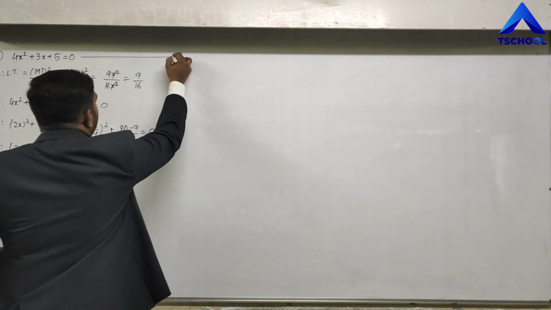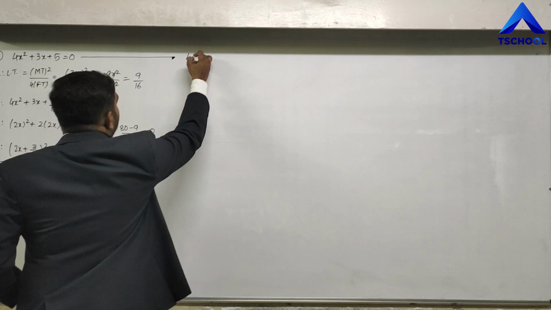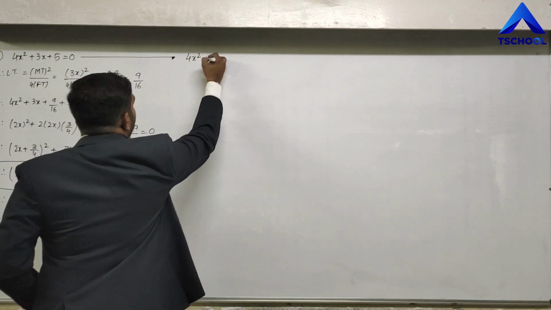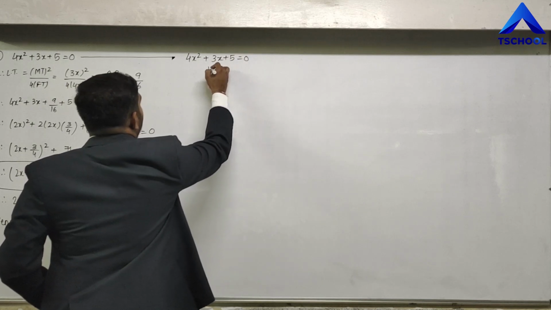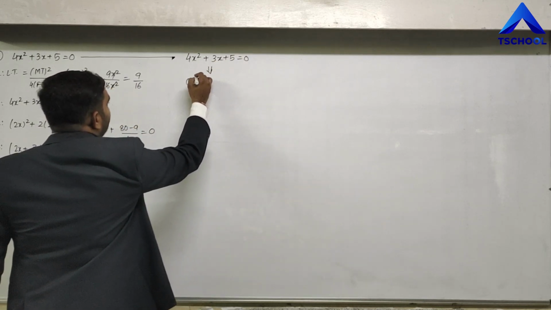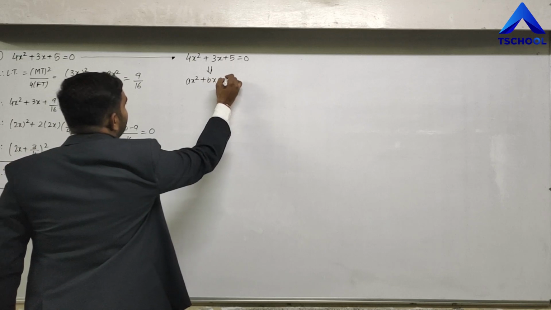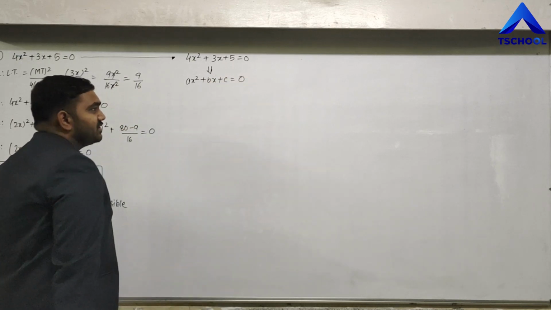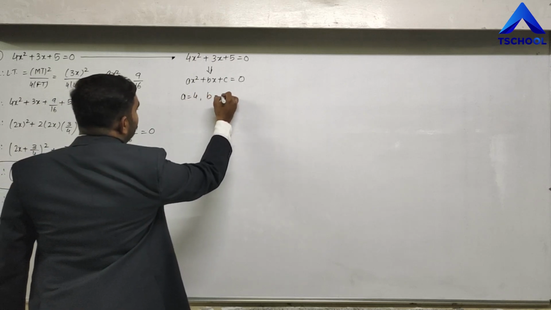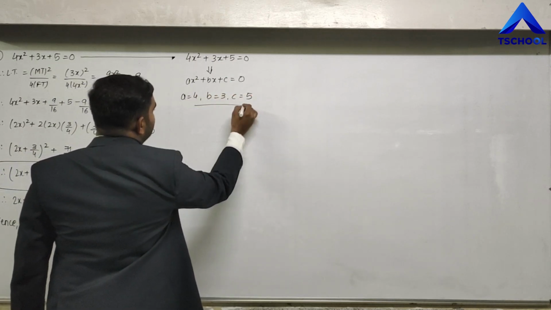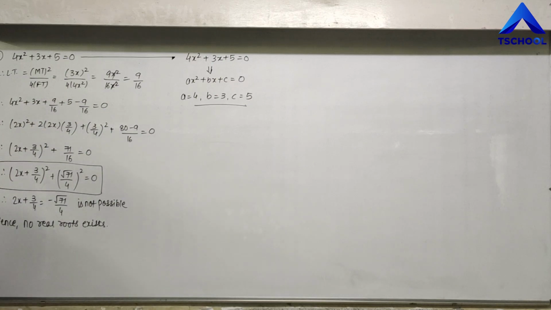That means again, if I have this equation, that is 4x square plus 3x plus 5 equal to 0, I shall compare it with the standard form, that is ax square plus bx plus c is equal to 0. Standard form gives me a equals to 4, b equals to 3 and c equals to 5, right?